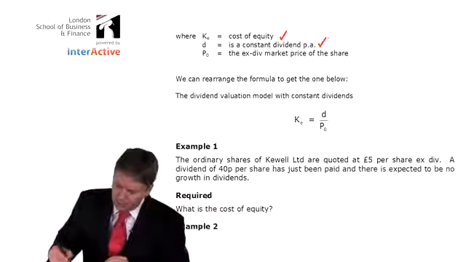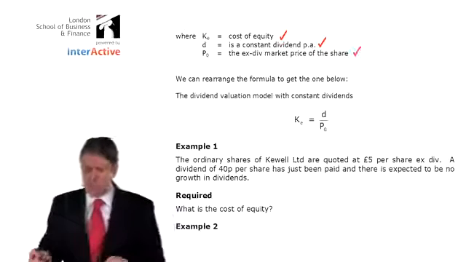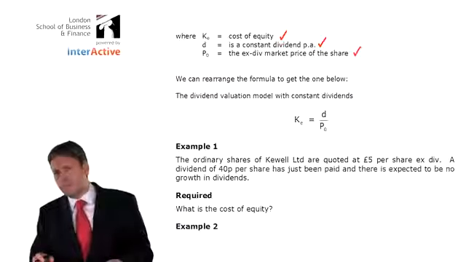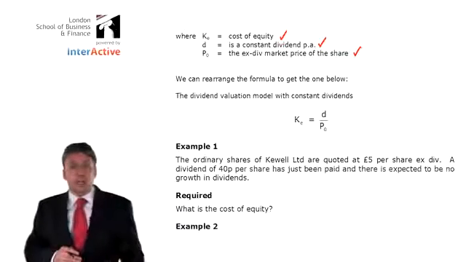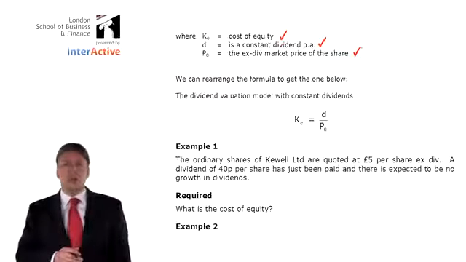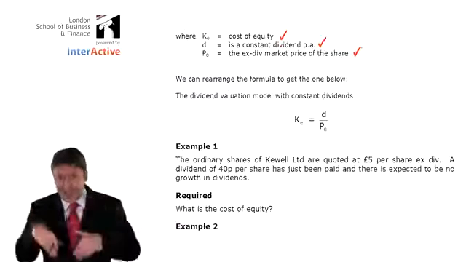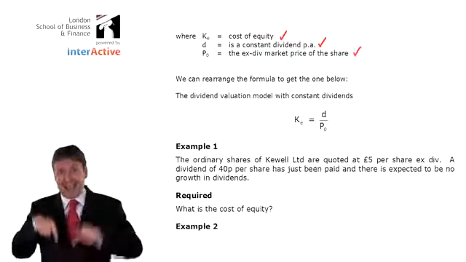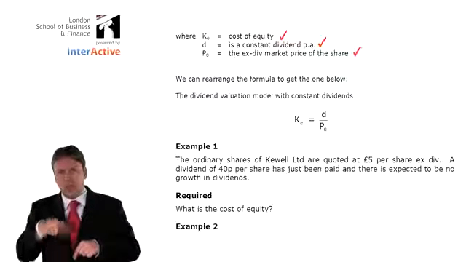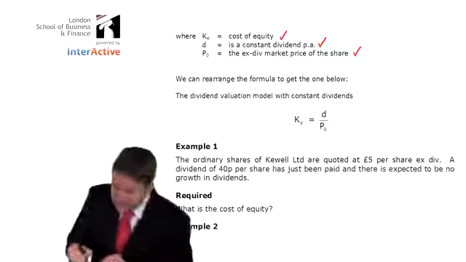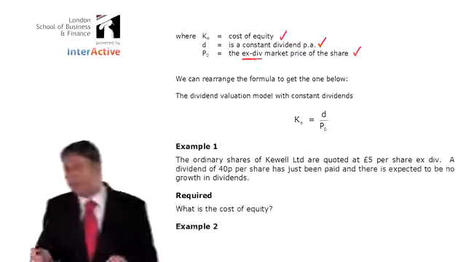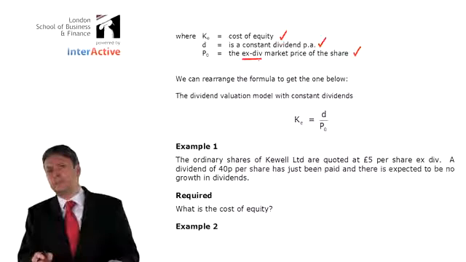Finally, P0. P0 is the ex-div market price of the share. I didn't include there, when we say P0, we're talking at the price today, year zero. Remember, we're standing in time terms at year zero. We're told it's ex-div, and we'll have to discuss that in a moment.